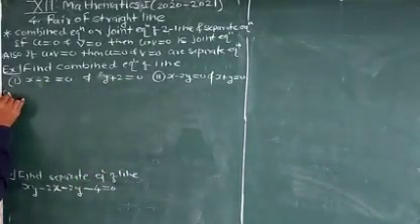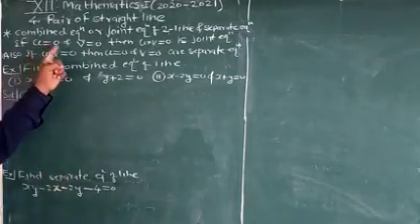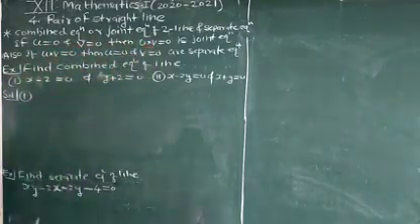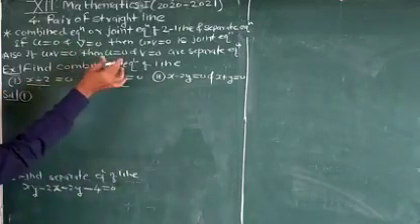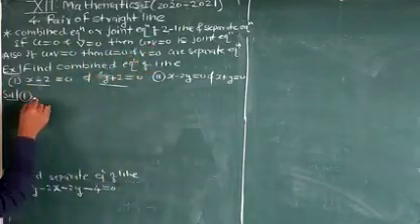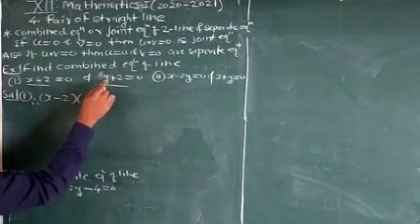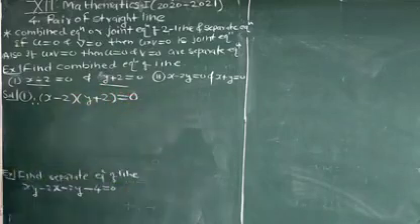Solution of the first. We know that if u equal to 0 and v equal to 0, then the combined equation is u into v equal to 0. So our lines are the first and the second, and the combined equation means the product of these two lines. Therefore x minus 2 into y plus 2 equal to 0.